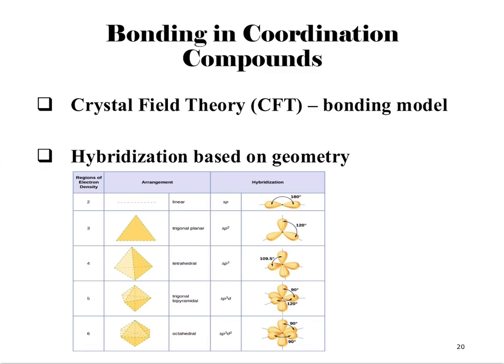For the more complicated shapes, like trigonal bipyramidal and octahedral, for example, you now have hybridization of the d orbitals that are included in there, right? So for these ones, it's no longer just s plus p goes to 2 sp orbitals, right?